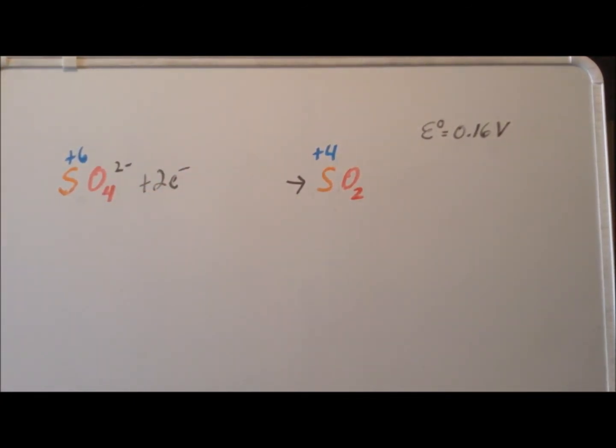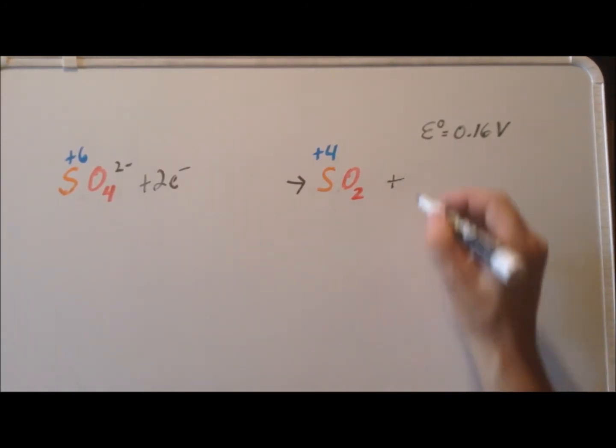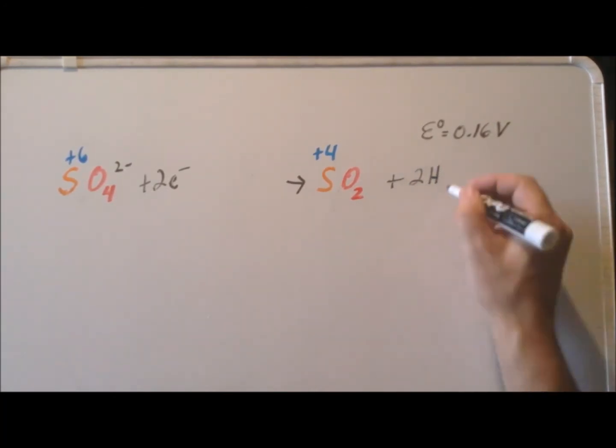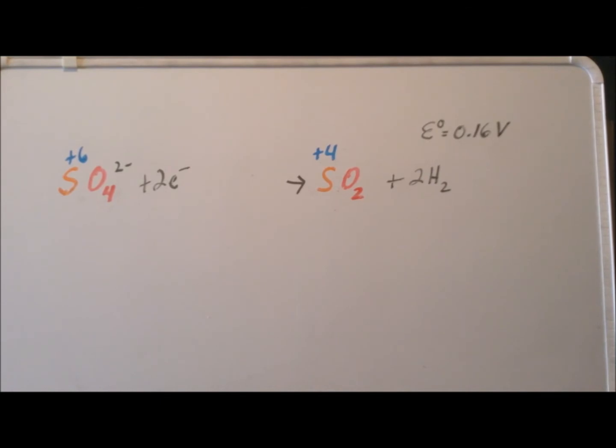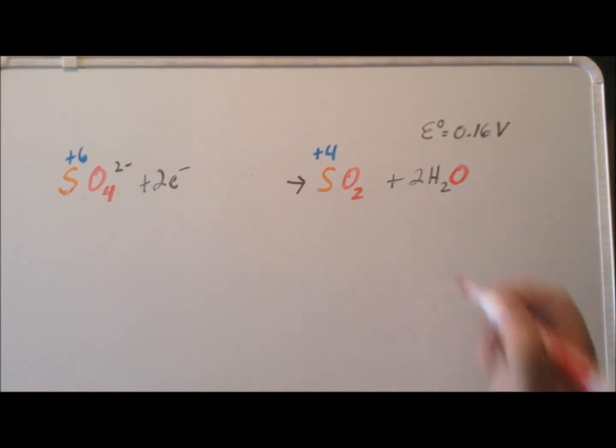We notice on the left-hand side that we had 4 oxygen atoms. On the right-hand side, we only have 2. So therefore, we need 2 more oxygen atoms on the right-hand side. And the way that we do this is to add 2 molecules of water to the right-hand side, which is legitimate because we know that the reaction is taking place in aqueous solution. Or at least can take place in aqueous solution.